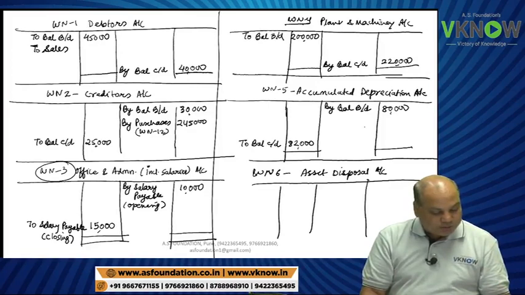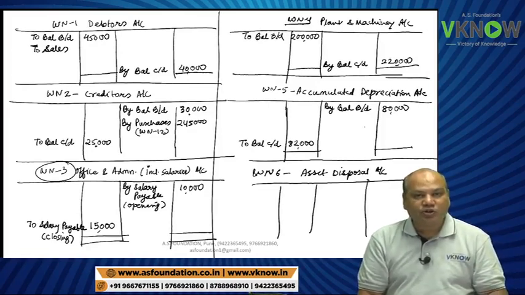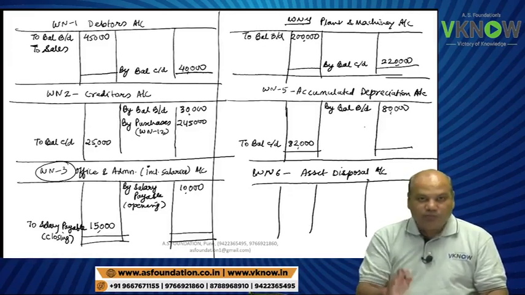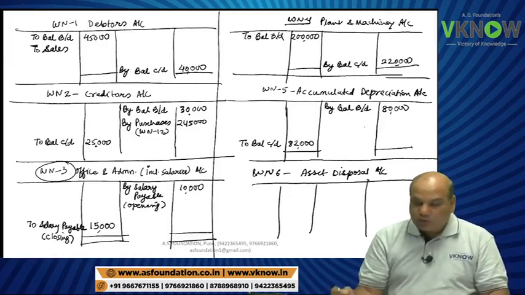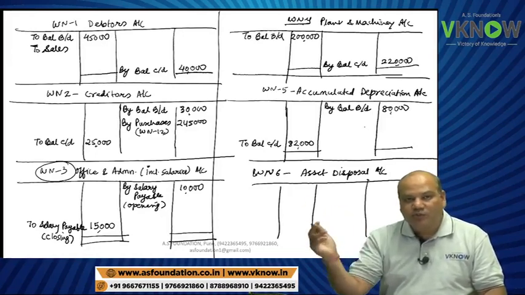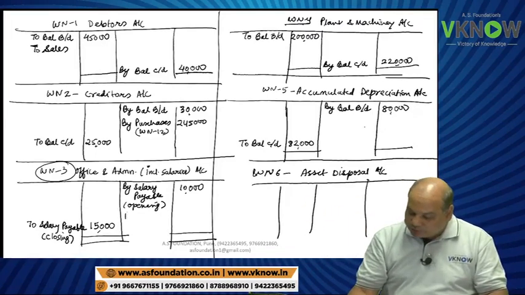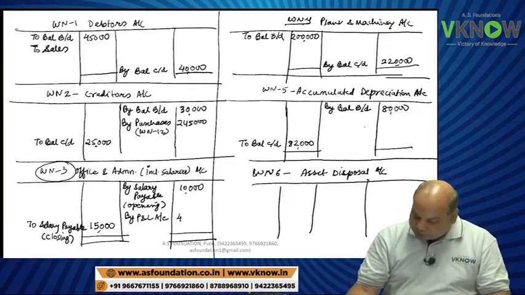Under operating expense, office and administration expense is debited to P&L account 45,000, which means office and administration expense, working note 3 credit side, you will write by P&L account 45,000.